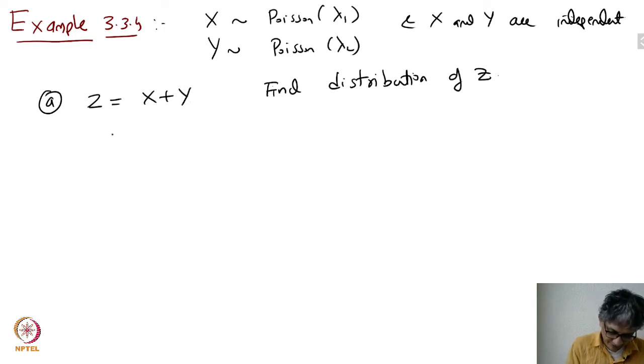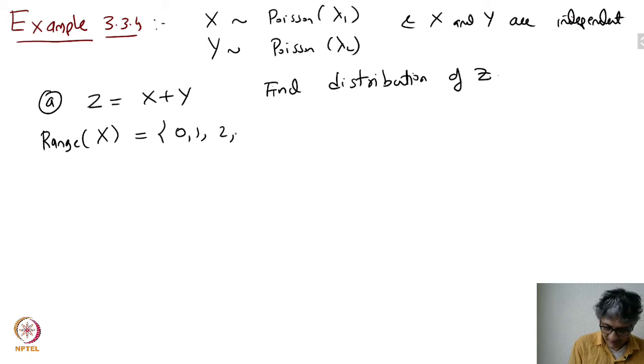So again, you do the same thing. The range of x, we already know, is 0, 1, 2, and so on. That's Poisson, right? And we also know the range of y is 0, 1, 2, and so on.